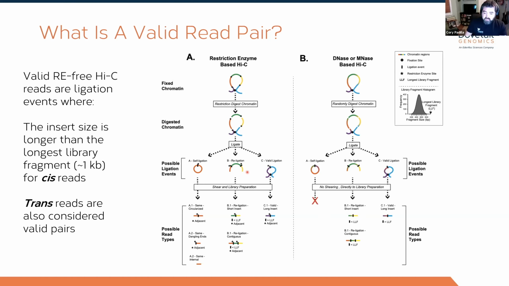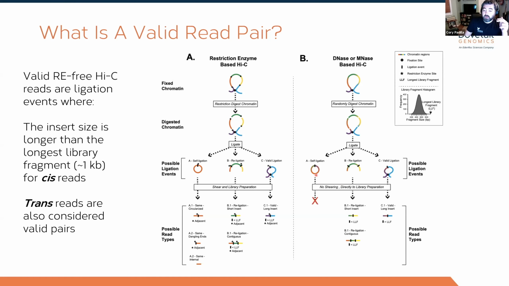Then what happens is if you're using restriction enzyme based, you shear to make sure that all of your molecules are in the sequenceable size range to put on an Illumina instrument. Now, a big thing to note here is that because we don't shear, the molecules are already small enough from the MNase digestion that there's no need to shear. All of your molecules are already within the right size to put on an Illumina instrument.